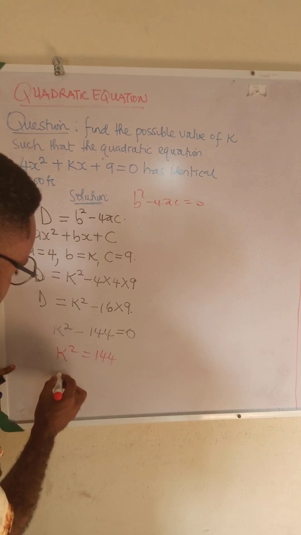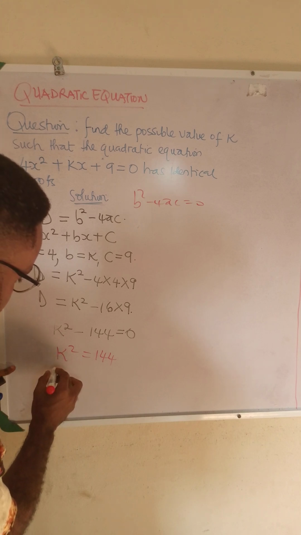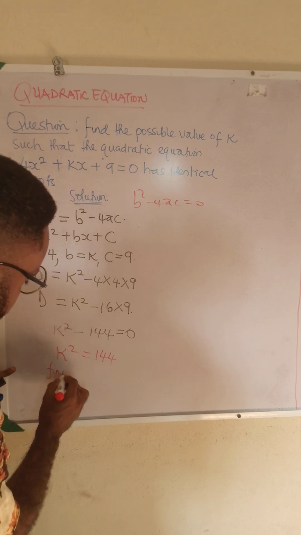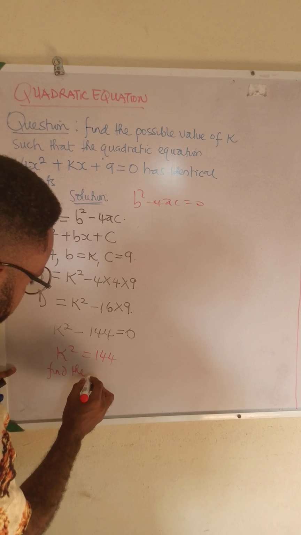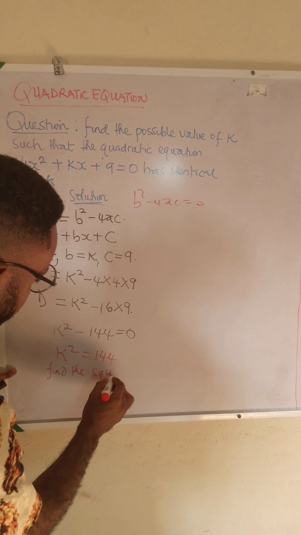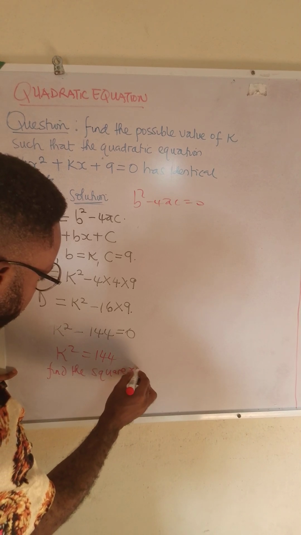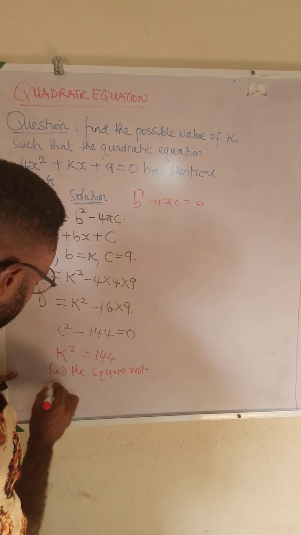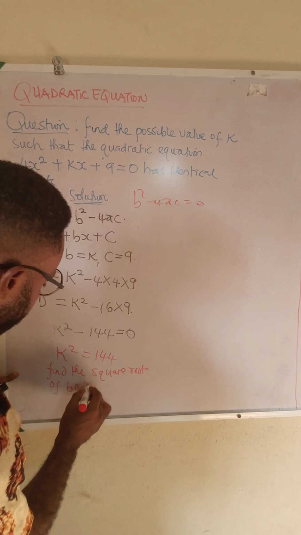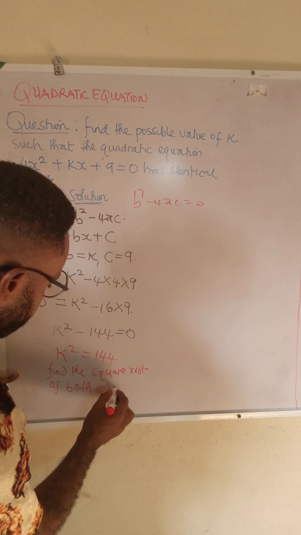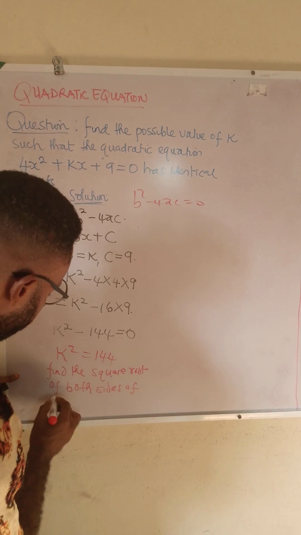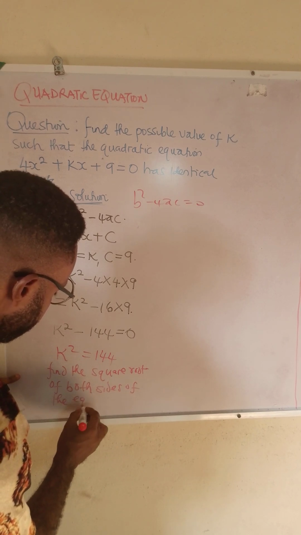In order to find k, we have to find the square root of both sides of the equation.